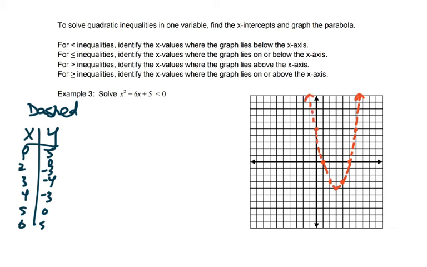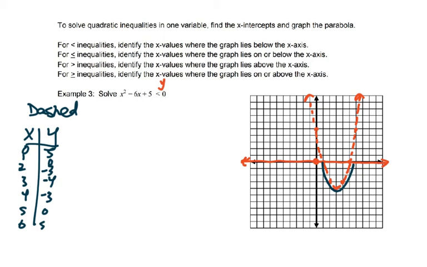And the question that we have is, for what values is this graph less than a y value of 0? So y is 0 here, this line. And it's saying what x values is this graph under 0? So this is not a shading problem.